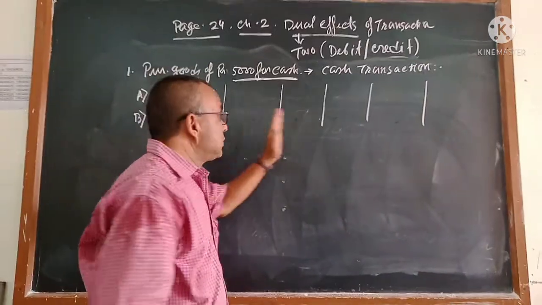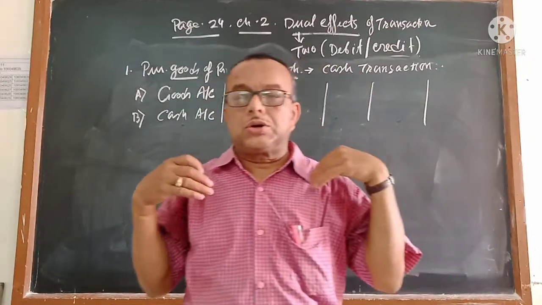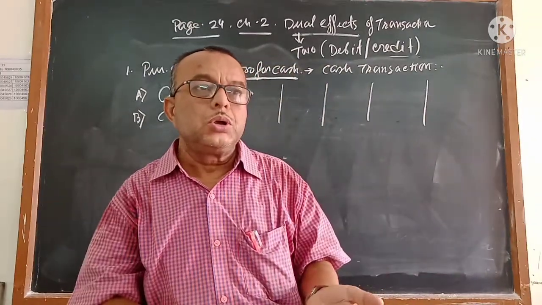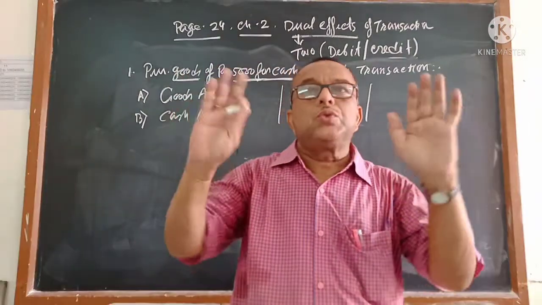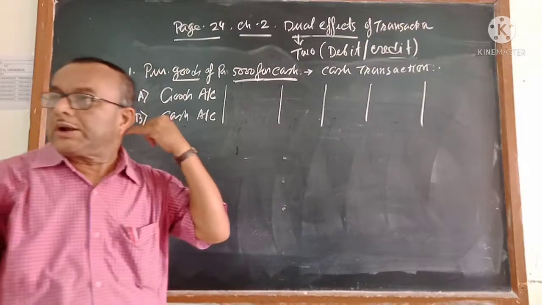Like that I will explain one by one. This is my own method, I am not following your book. What your book has explained in its way, I have to explain in a simple way so that you can understand.